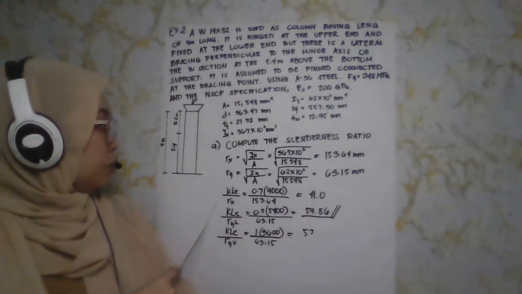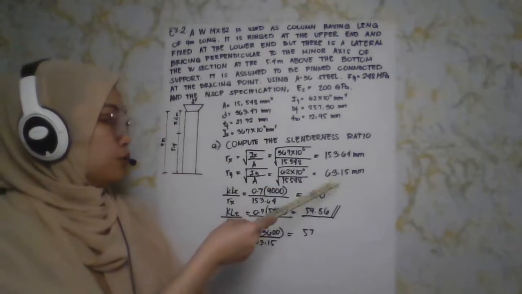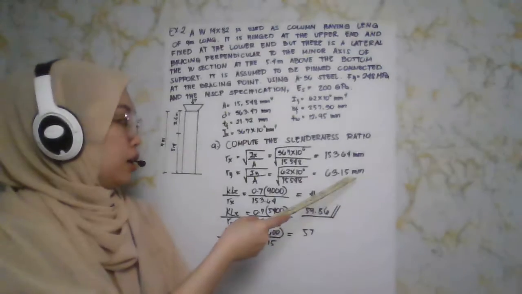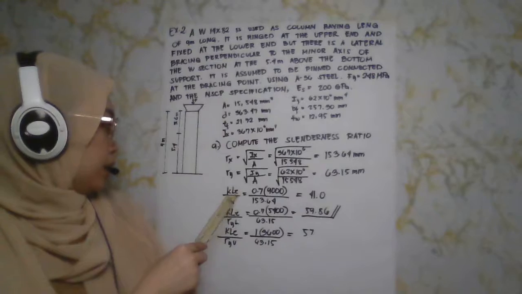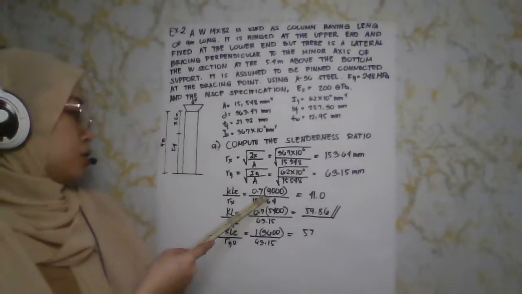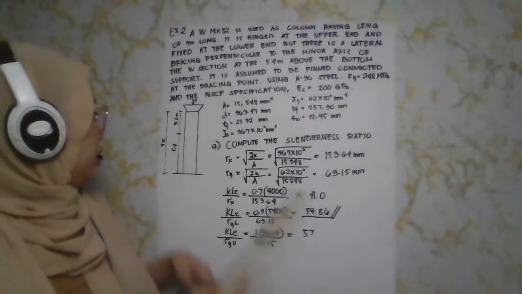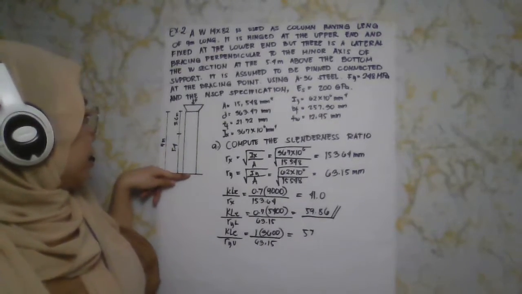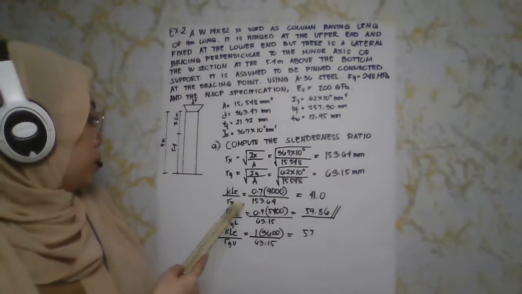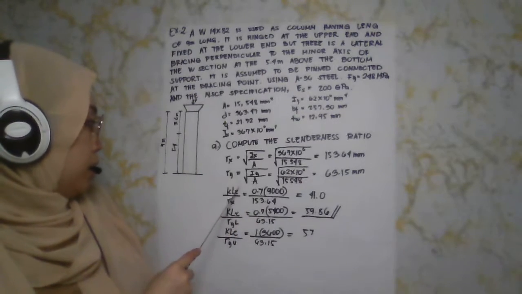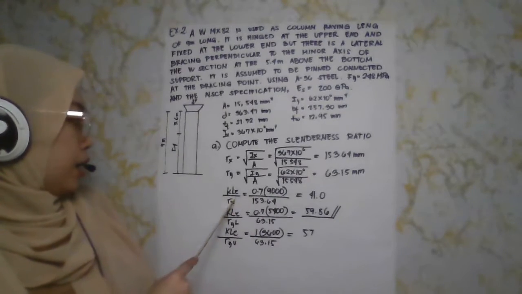So, pwede na natin makuha yung slenderness ratio since meron na tayong radius of gyration. So, substitute lang natin yung K. Bakit ba siya 0.7? Since ang figure natin ay fixed and hinge. And sabi dito ay K multiplied by the effective length over the rx.